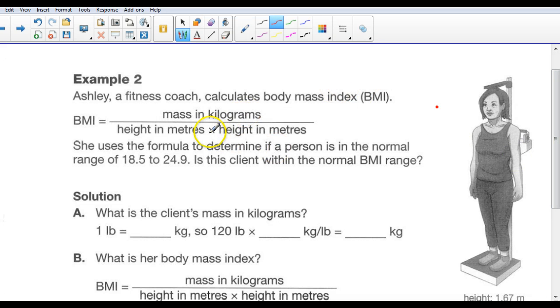Okay, so mass in kilograms to height in meters. So she uses the formula to determine if a person is in the normal range of 18.5 to 24.9. Is this client within the normal BMI range?